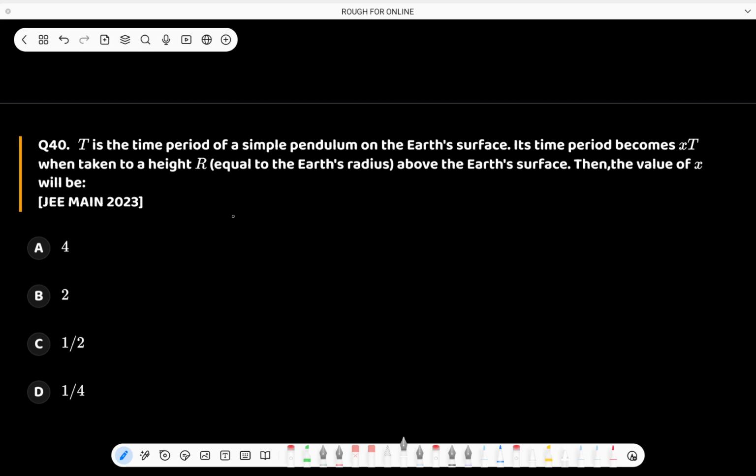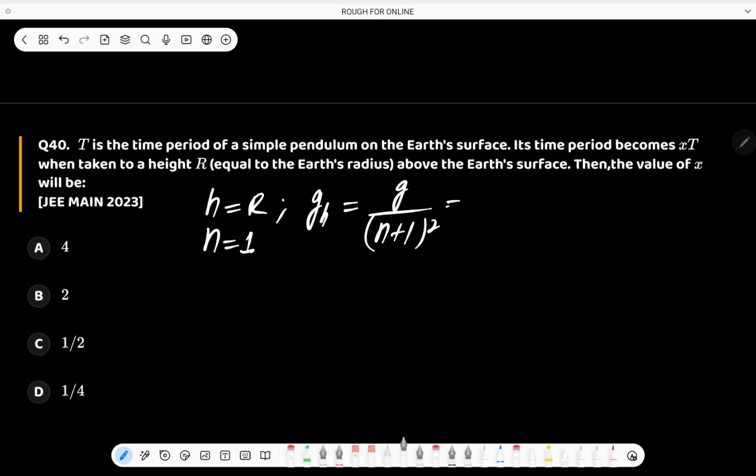So simple, it's very simple. First and foremost, let's calculate the acceleration due to gravity at height h. h is given r. gh will be directly equal to g divided by n plus 1 whole square. यहाँ पे जो n का value है that is 1, which means that it is g divided by 4.